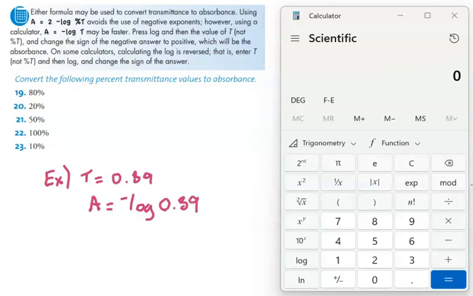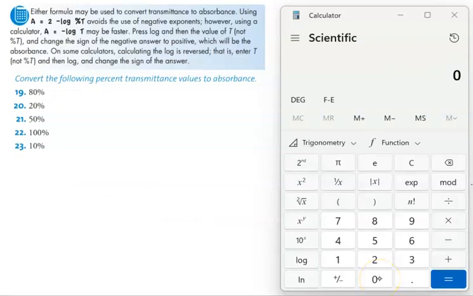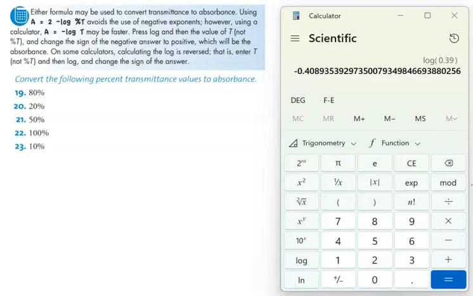Now it's just a matter of plugging it into our calculator. So we plug our 0.39 in for T and hit our log key, and we end up with negative 0.4089, and that's going to round off so that A is going to equal 0.409.